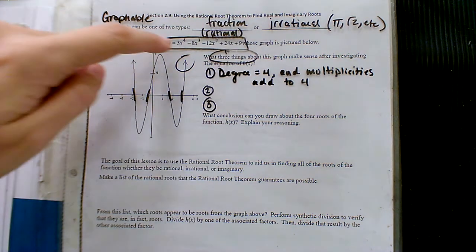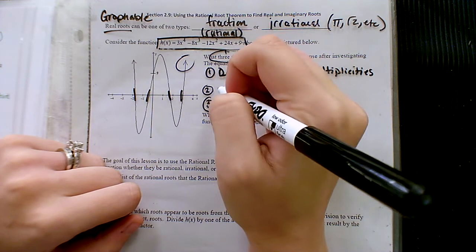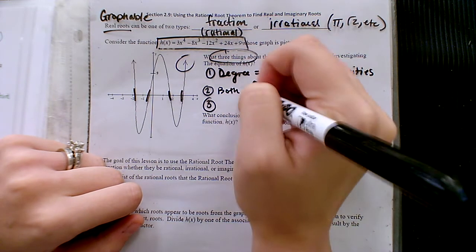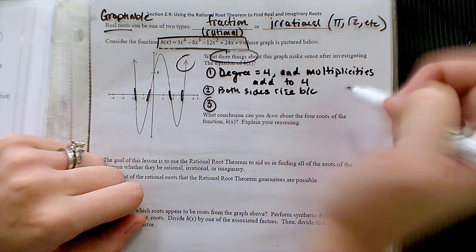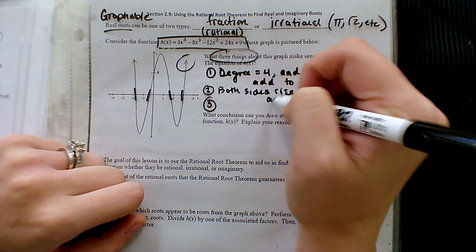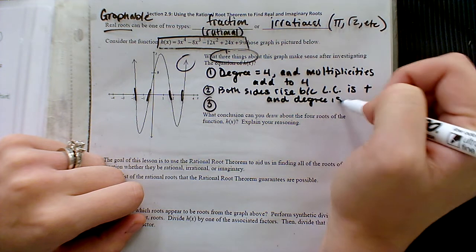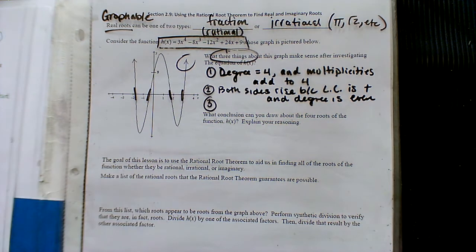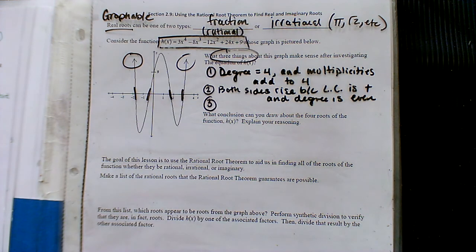Yeah? The leading coefficient. So that 3 is positive. All right, so both sides rise because the leading coefficient is positive and degree is even. We already said the degree was 4. So both sides should have the same end behavior because the degree is even.